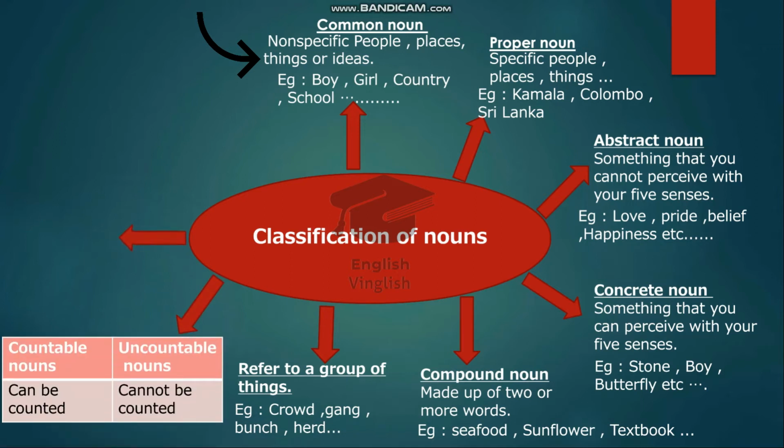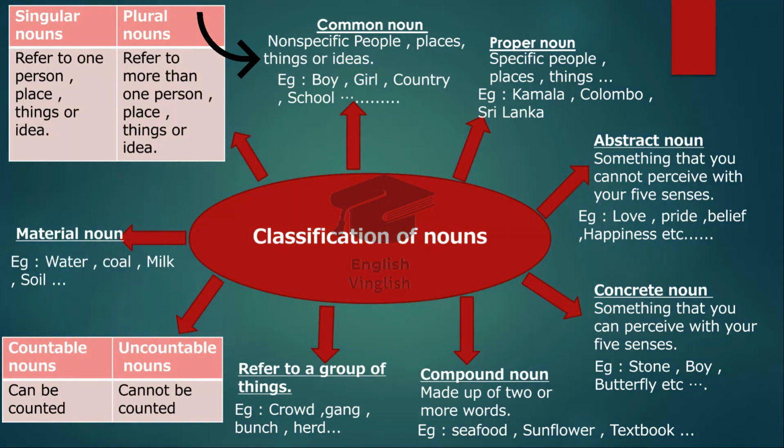For example, boy, girl, school, country, etc. Proper nouns: specific people, places, things. Colombo, Sri Lanka, Kamala, etc.